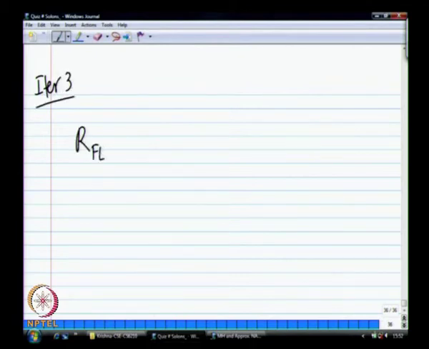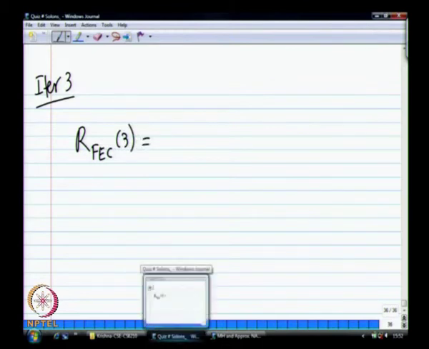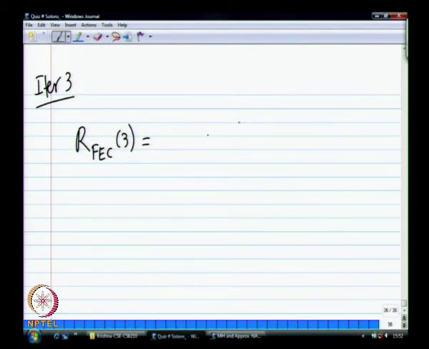So now our FEC of 3 equals what, right? Again j goes from 1 to 3, so it is j divided by mu of j and then P of j minus 1 comma n minus 1. When j is 1, this is P of 0 comma 2 into 1 by mu of 1.